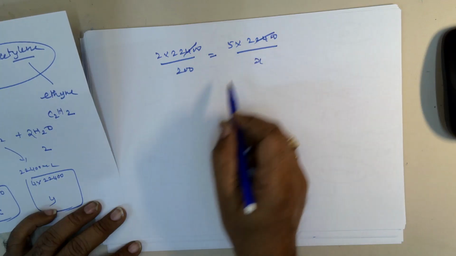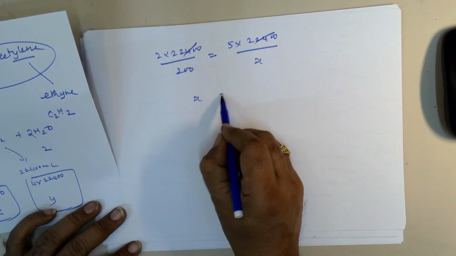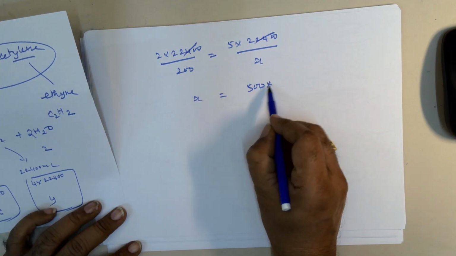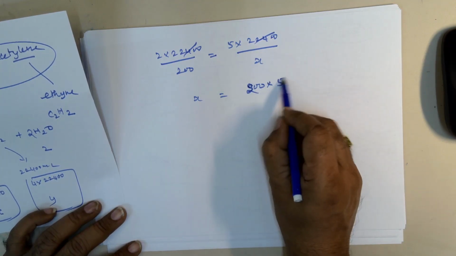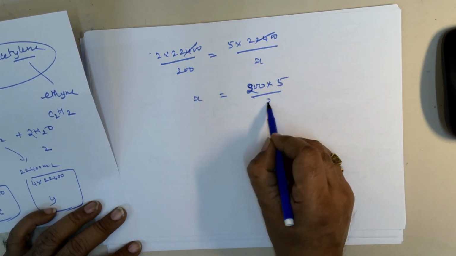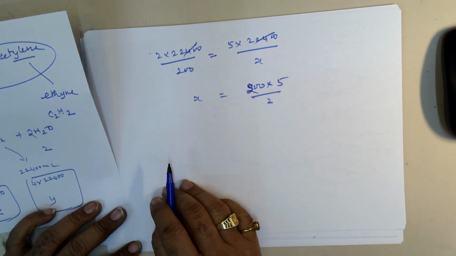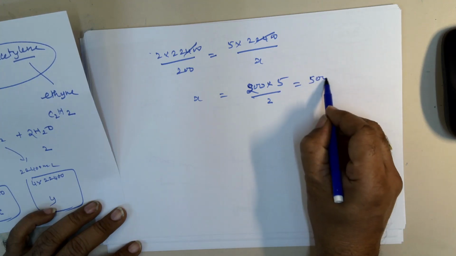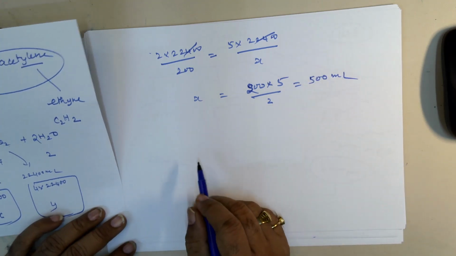So you can cancel this. So x is equal to what? 200 into 5 divided by 2, which is 500 ml. Done. Similarly, you can do the next equation.